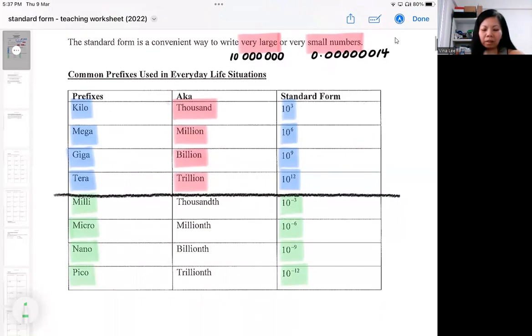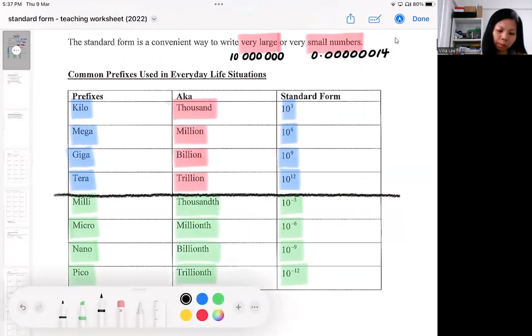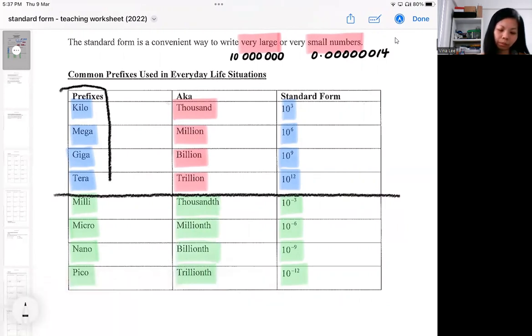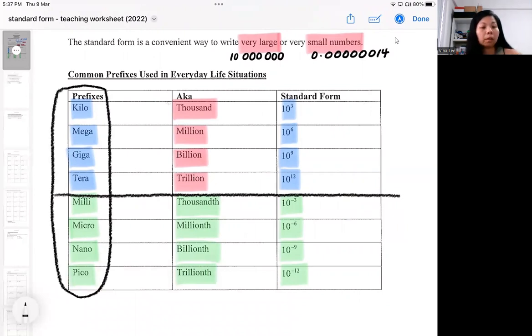Again, it covers 3, 6, 9, 12, but in a negative format. Another way to say it will be thousand, million, billion, and trillion, but usually we will stick to the prefix here. These are the few that you will need to know. There are prefixes for big numbers and prefixes for smaller numbers.